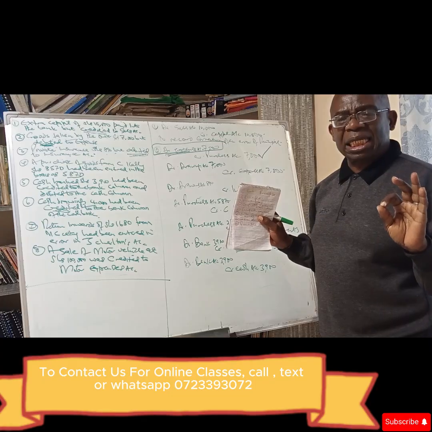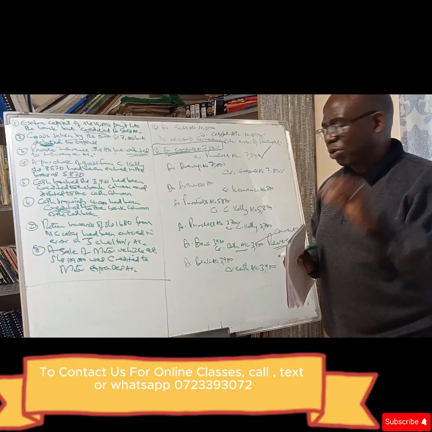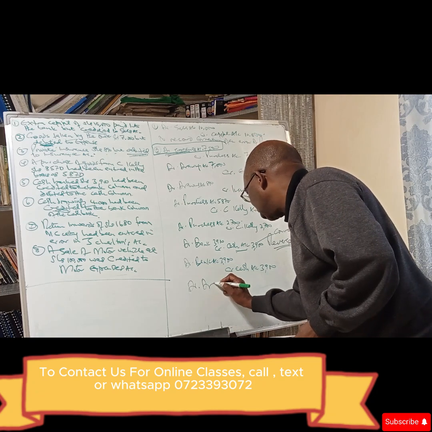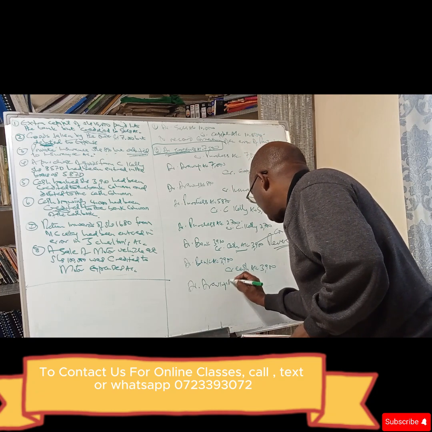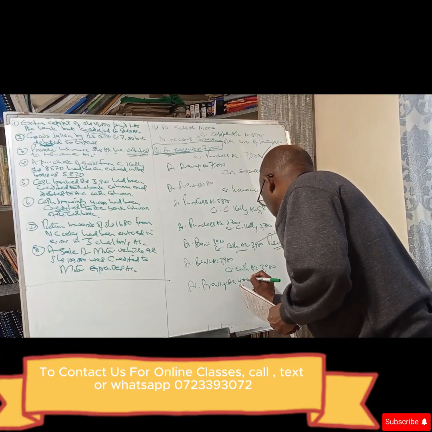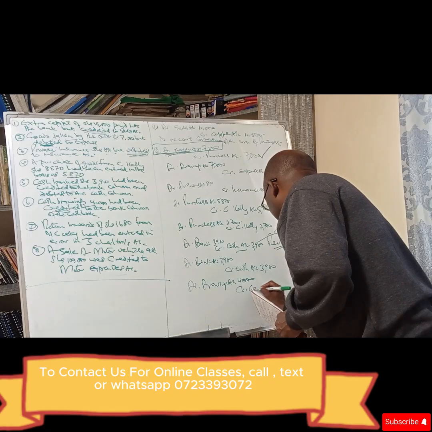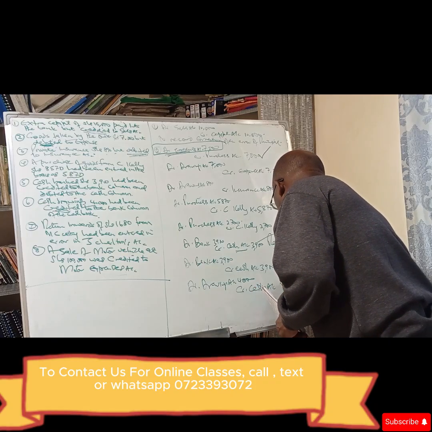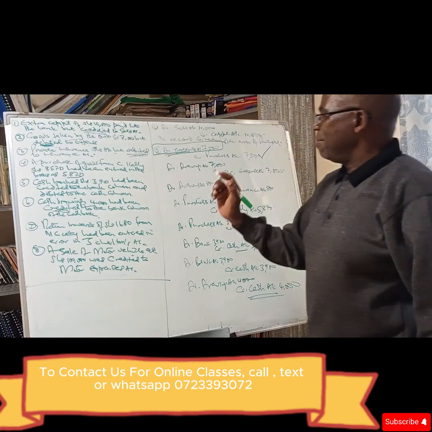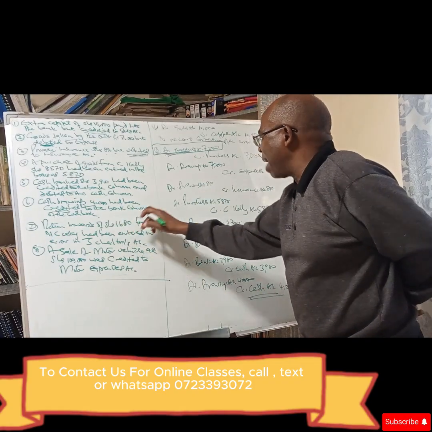The debiting was correctly done, but the crediting was a problem. We know cash drawings, you are supposed to debit drawings account with 4,000, and you credit cash with 4,000.